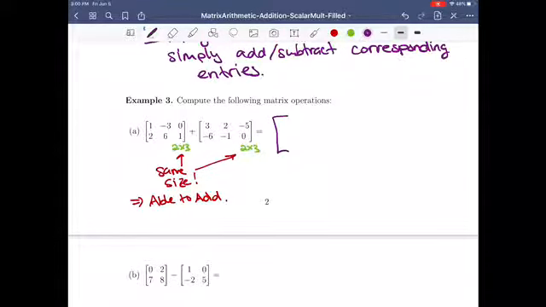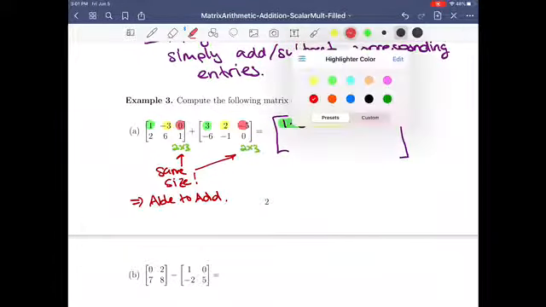Let me get the highlighter out. The 1 I'm going to add to the 3, and that's going to stay in the first entry. Then I'm going to do the -3 and the 2, and that goes in the second column of the first row. I do the 0 and the -5, and that goes in the third column of the first row. So this is going to be -3 plus 2, 0 plus -5.